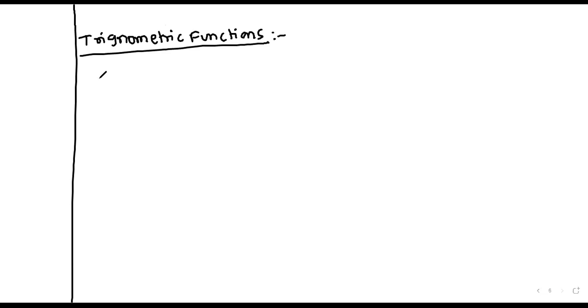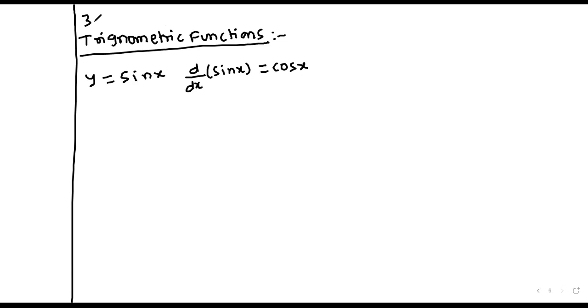That is y is equal to sin x. d by dx of sin x is equal to cos x.